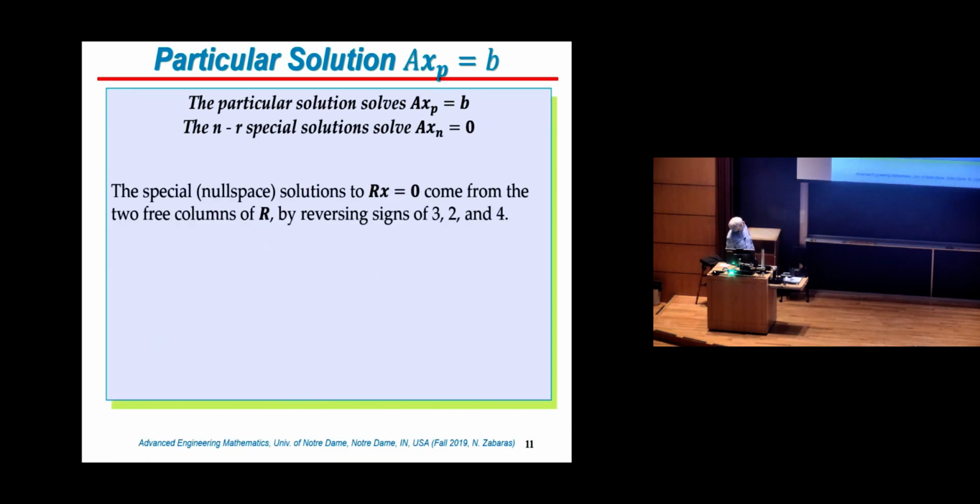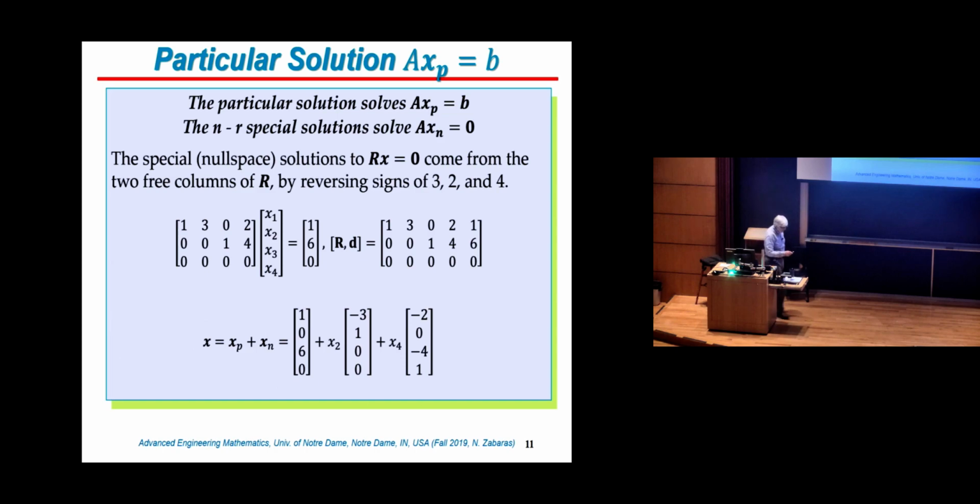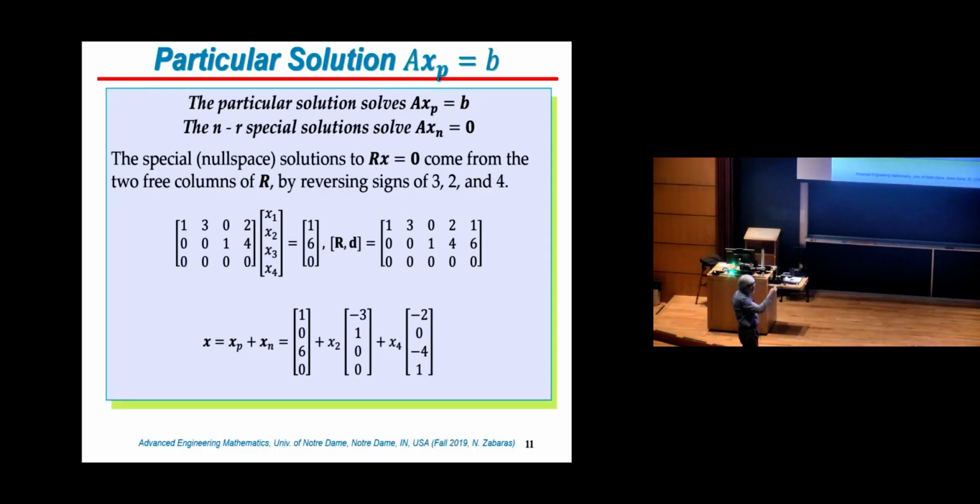Okay, so let me summarize based on this simple example. I'm going to put everything up. This is exactly what you have to do in your homework, what you see on this slide. So you have to compute a particular solution, all right? And the particular solution in our case is 1, 6, it's this one here, 1, 0, 6, 0, okay? Remember, when you extract the particular solution, this is with the rearrangement of the variables where the pivot variables are first and the free variables are second, right?